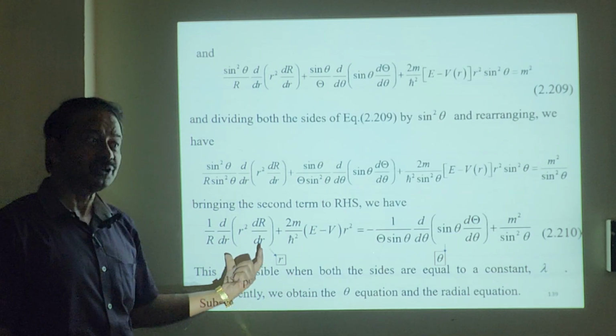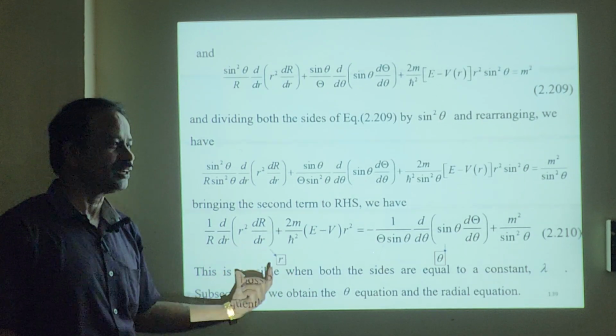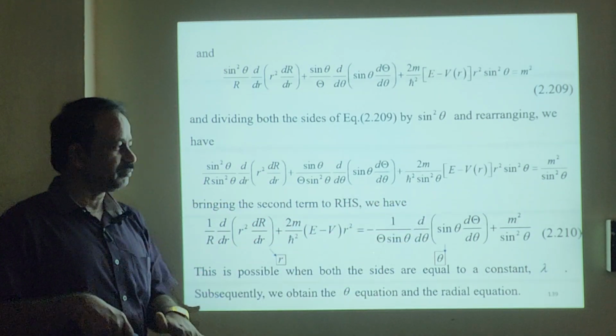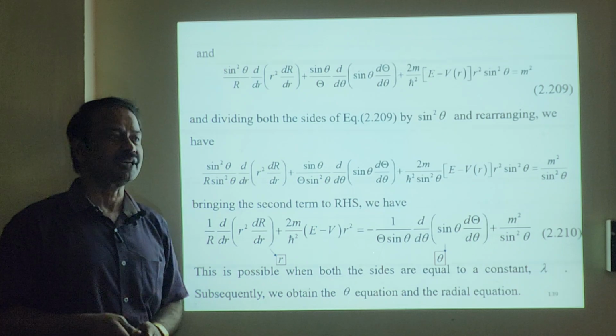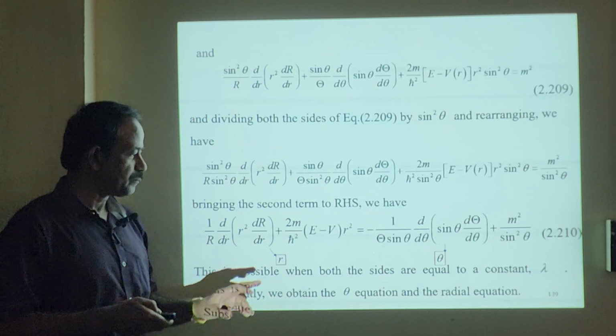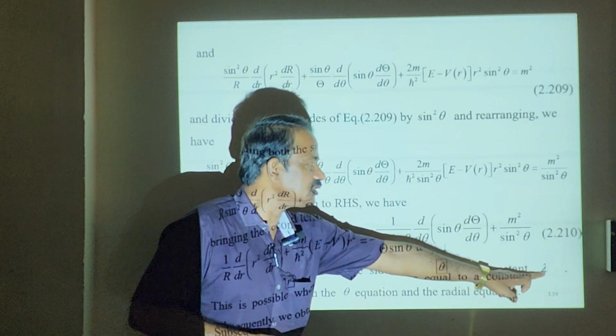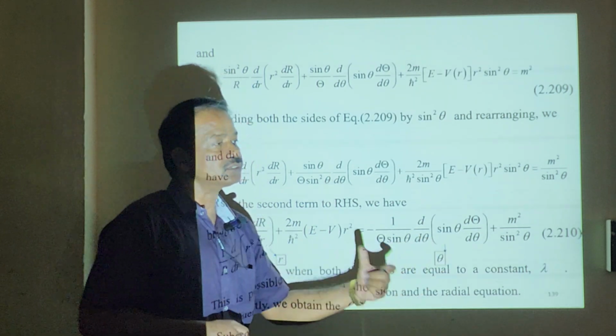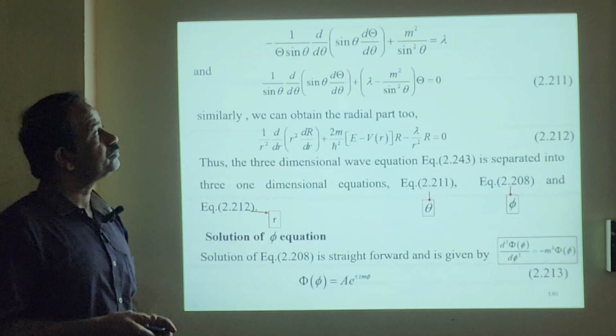So the left hand side depends only on r, the right hand side depends only on theta. So slowly we are building up. So this must be equated to some constant as usual, which is nothing but your lambda. So this equals lambda, and this factor also must be equal to lambda.